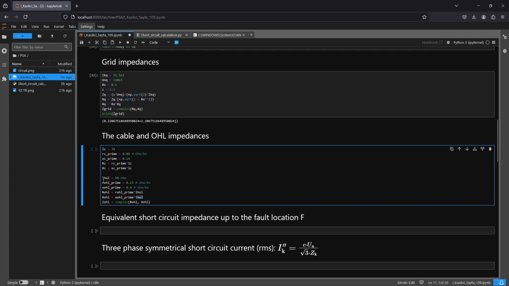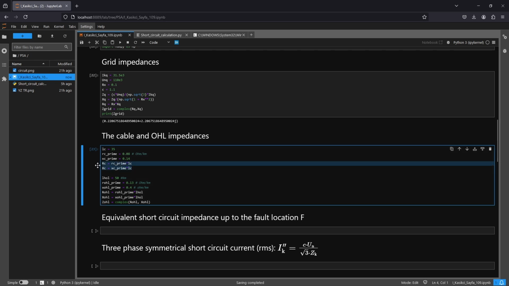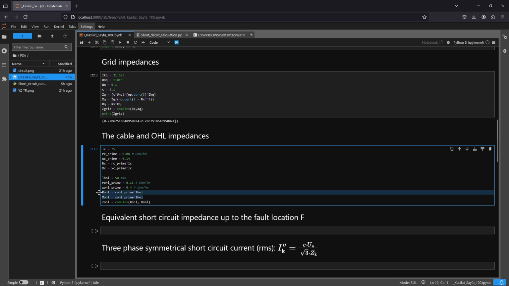It should be OHL. Anyway, it's working. So this way we just calculated in these two lines the impedance of the cable, and in these two lines the impedance of the overhead line.